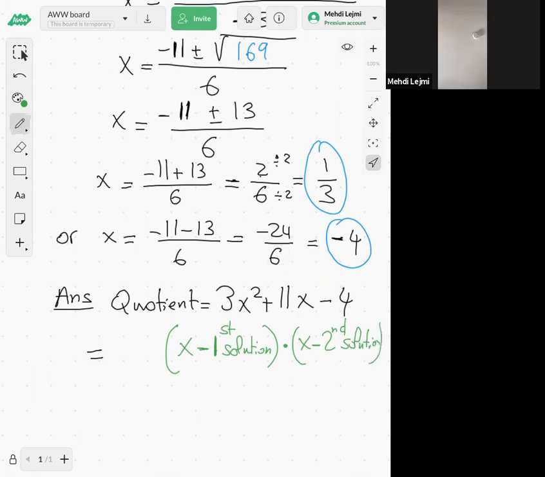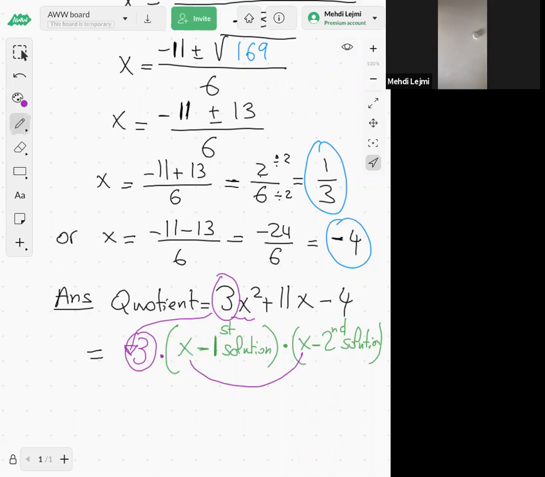One more thing, guys, because here you see when you multiply x by x, you get x squared, but this is 3x squared. So you always have to put the number in front of x squared here, in the front. So here we're going to have this 3, right? So it's 3 times x minus the first solution times x minus the second solution.